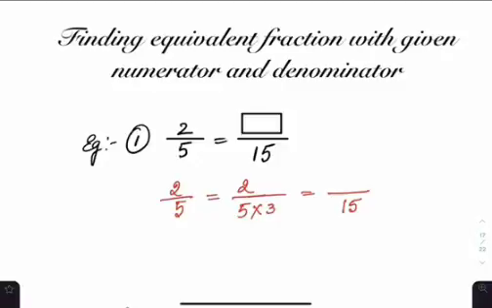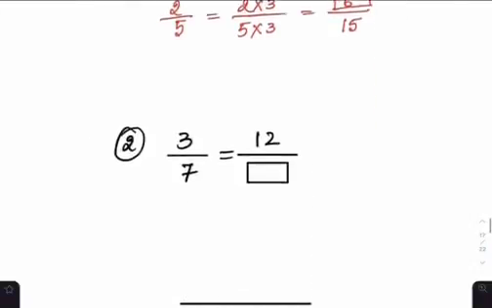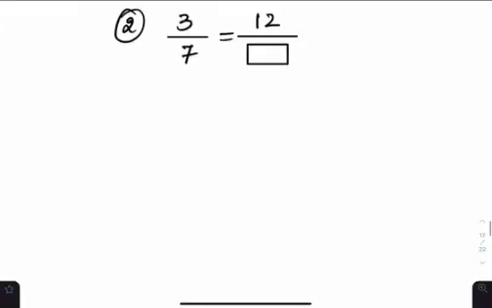So I need to multiply both numerator and denominator with the same number. So I multiply the numerator also by 3. 2 into 3 is 6. So this block can be filled with the number 6. Understood, children?